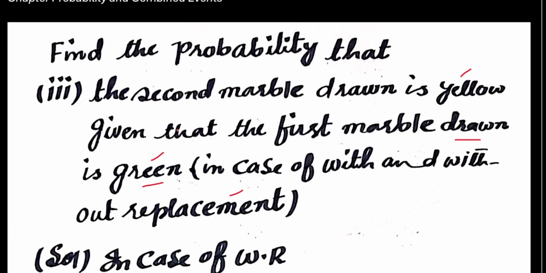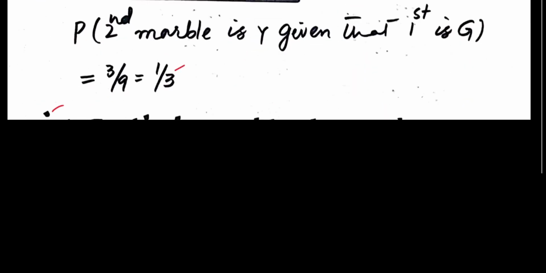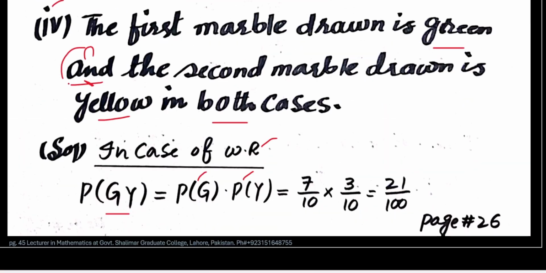In the third part, this word is given that, while in the fourth part this is and. This is probability of G intersection Y. This is given by probability of G into probability of Y. 7 by 10 into 3 by 10, that is 21 by 100 here.